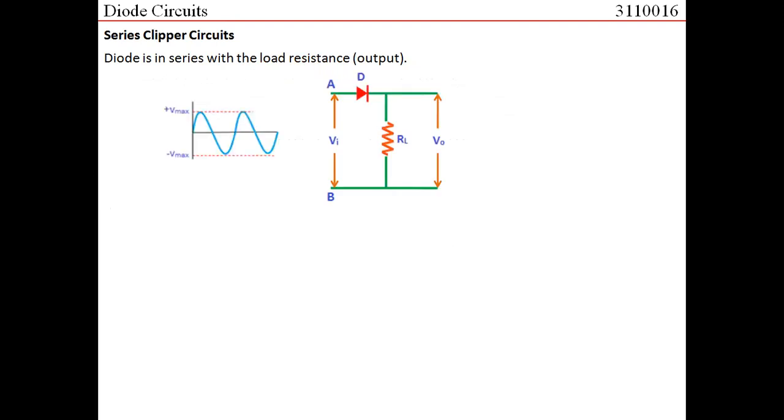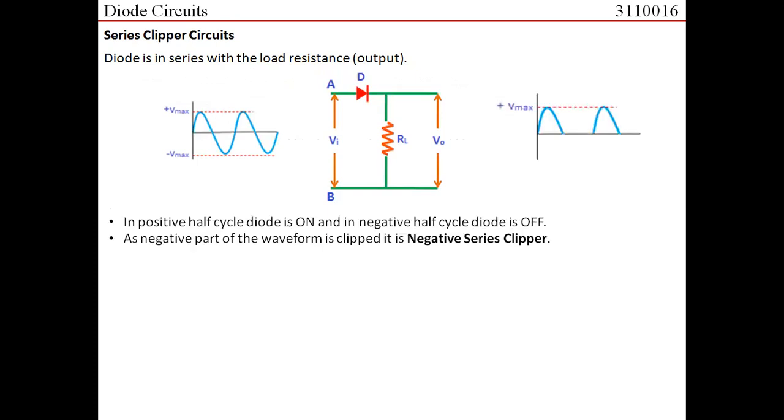I would again take the same example of the half wave rectifier. We have discussed this. What happens is that the positive half cycle is passed on to the output, and the negative half cycle is not passed, it is restricted. Now if I want to classify this clipper, or give a name to this clipper, then first of all we would say that we have a diode which is in series with RL.